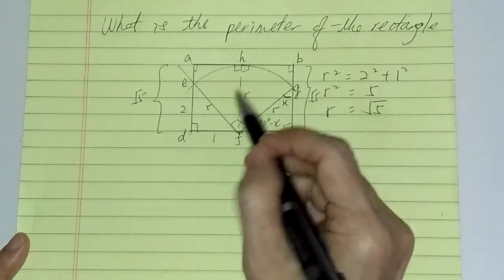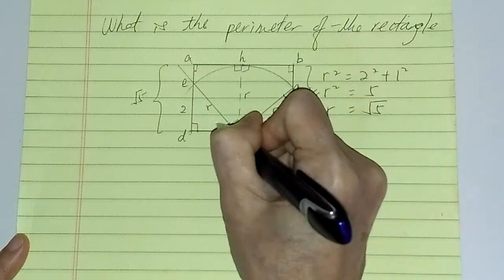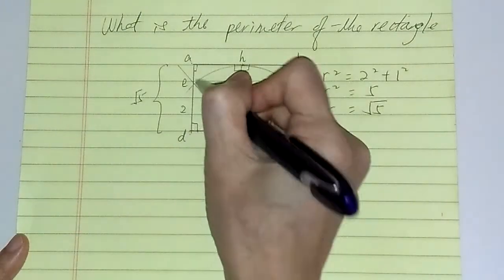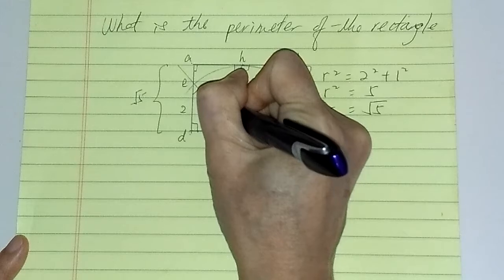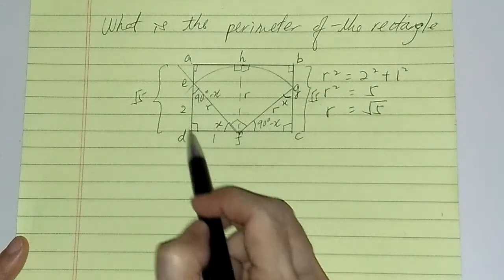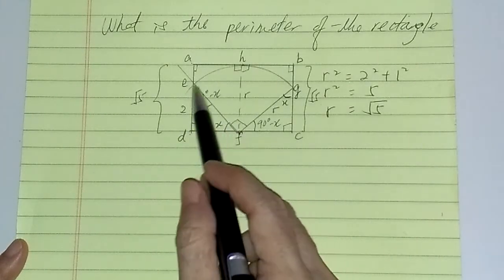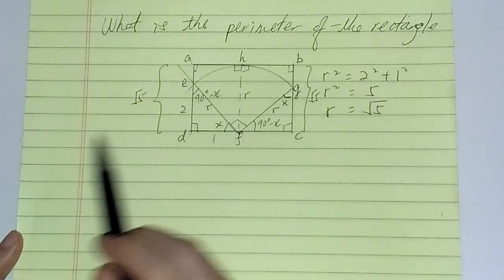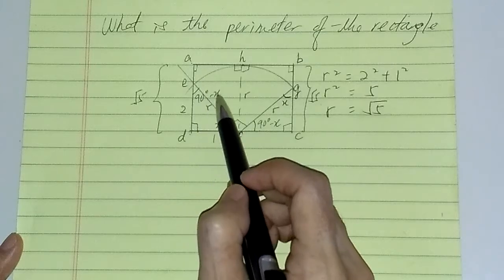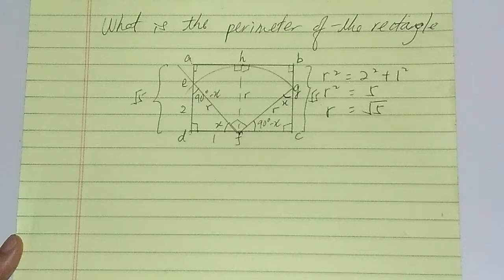So 180 degrees, minus this 90 degrees, minus 90 degrees minus X, gives X for this angle. The sum of angles in a triangle is 180, so 90 plus 90 minus X plus X equals 180.